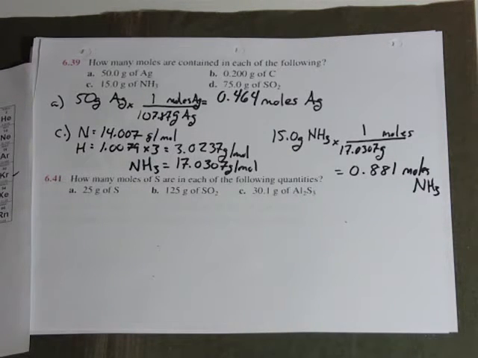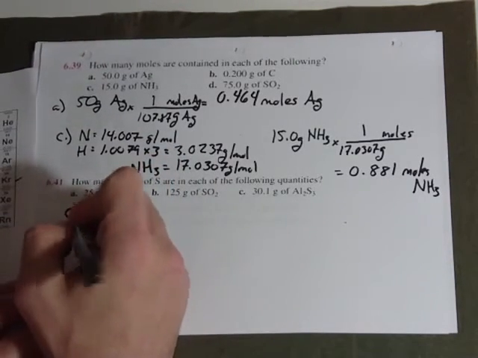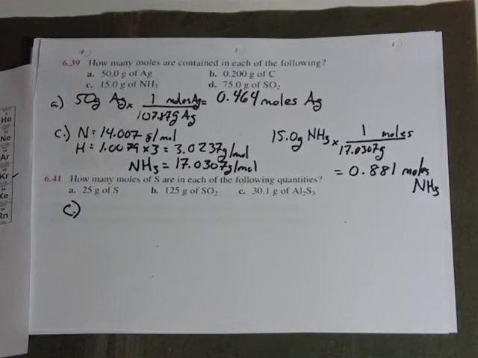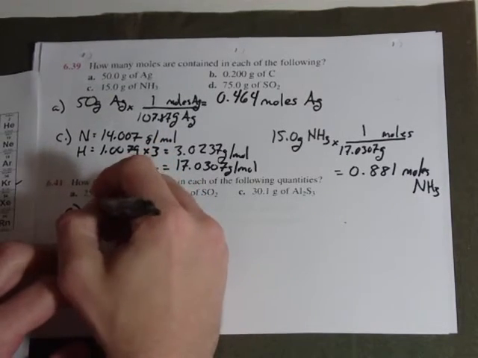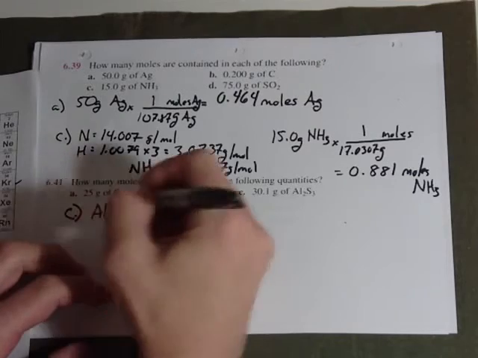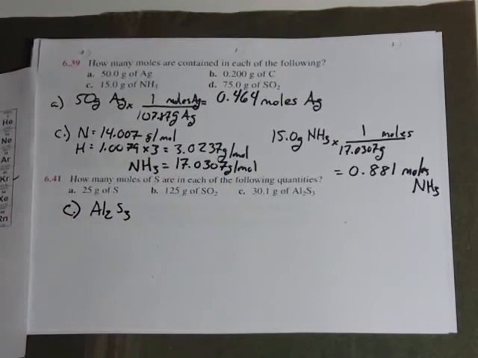Okay, and so 6.41, it's asking a very similar question. We'll just skip to letter C. In letter C we have Al2S3, and it's asking for moles of sulfur specifically. In Al2S3, we need to first figure out its molar mass.